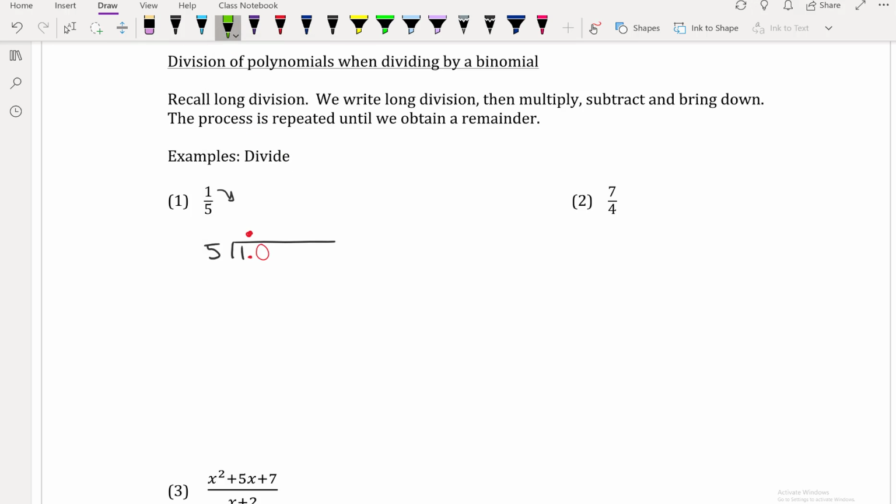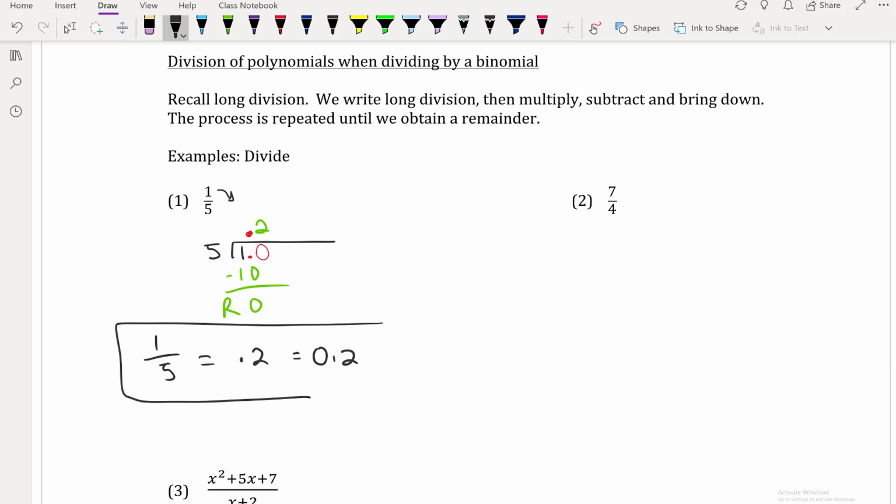So now I think about it, 5 goes into 10 2 times. So 2 times 5 is 10, and I do my subtraction, and that's going to be my remainder. So I know that 1 over 5 is equal to 0.2. Those all mean the same thing.